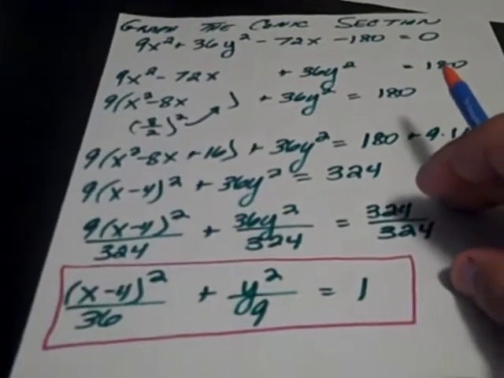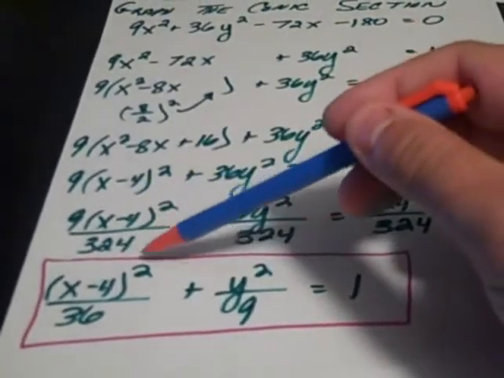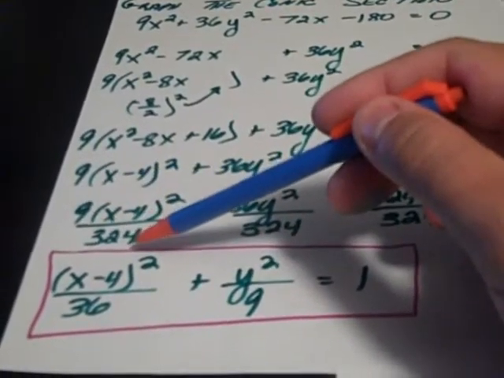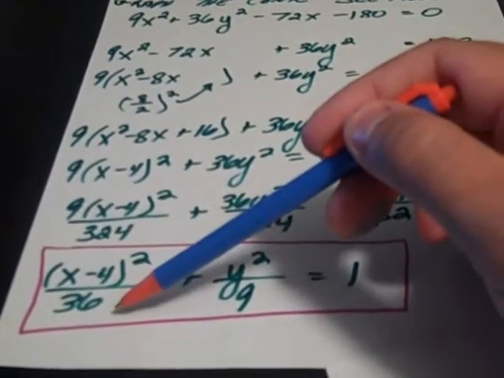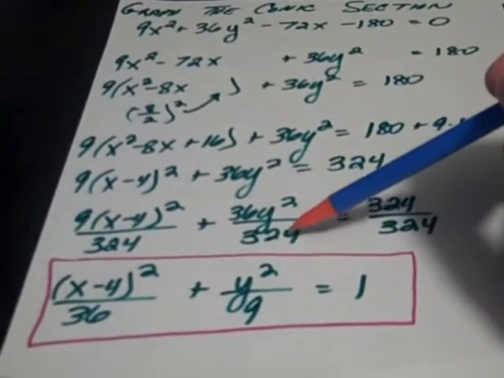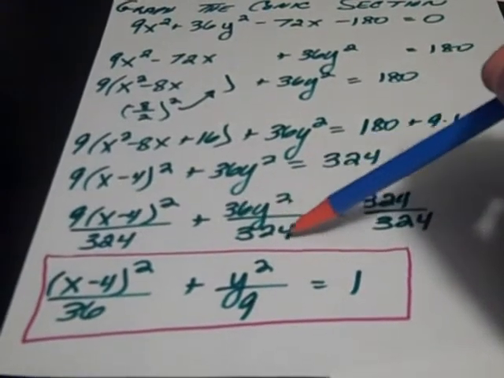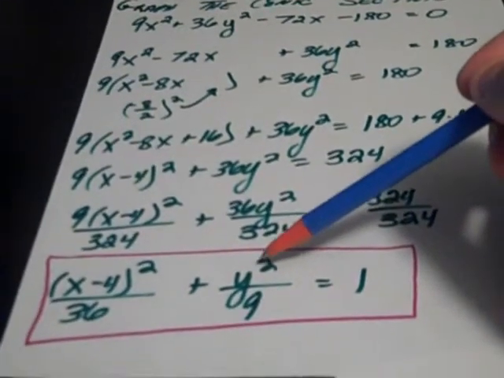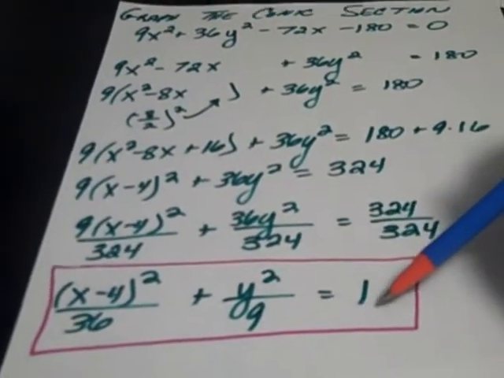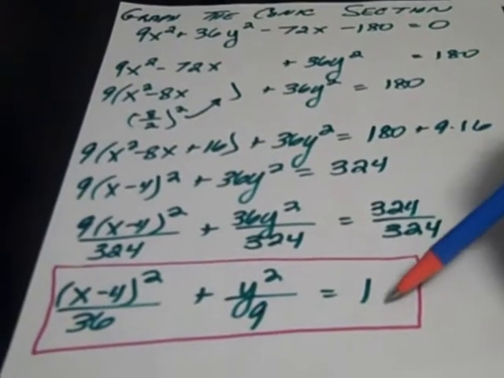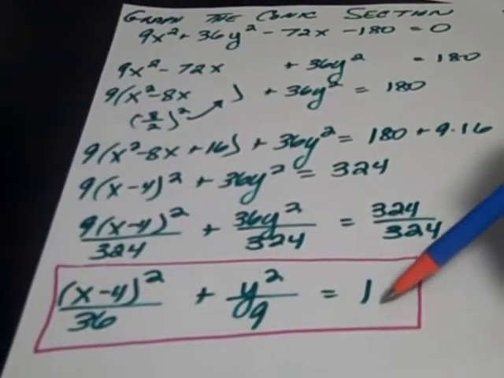And then when you actually reduce, 9 and 324 share a common factor of 9, which gets me x minus 4 squared over 36. 36 and 324 share a common factor of 36, which gives me y squared over 9. All that's equal to 1. That's actually in standard form for an ellipse.